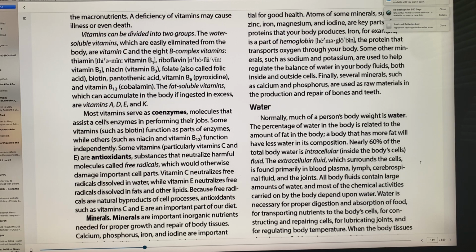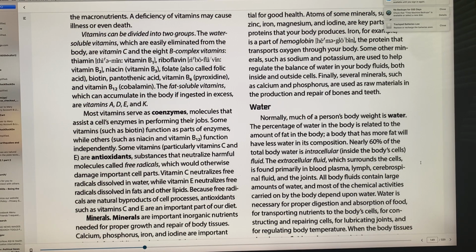Vitamin C getting the radicals out of the water portion, and vitamin E neutralizing in our fats and lipids because they're insoluble in water. So vitamin E and vitamin C get rid of the radicals, so I call them antioxidants of the free radicals. We don't want free radicals in our body.